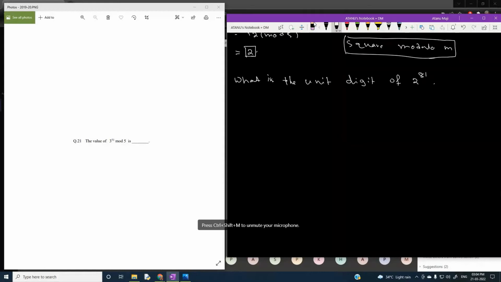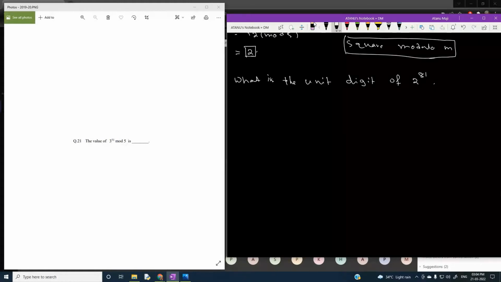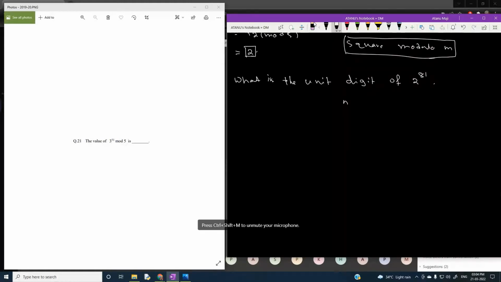The question is how to get the unit digit of a number. If you divide it by 10, the remainder is actually its unit digit. Like in coding, if any number is n and you need its unit digit, just use n modulo 10. So the same thing we are doing here: to find the unit digit of this number, they are asking us to find 2 to the power 81 mod 10.